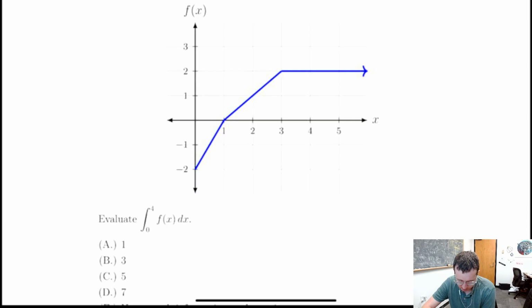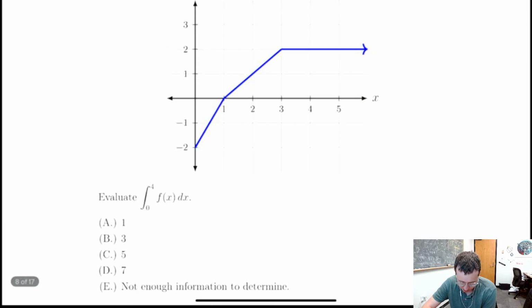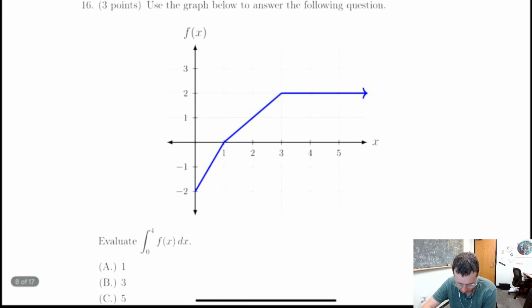The next question asks us to evaluate the integral of this function from 0 to 4. So I see this area below the x-axis, and then this area above the x-axis.